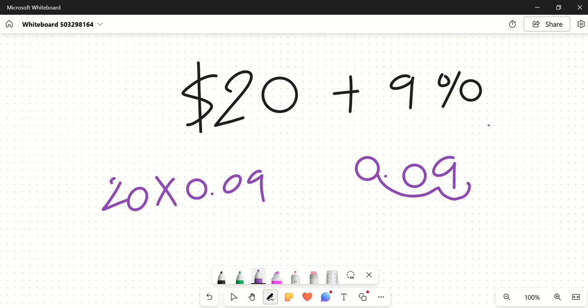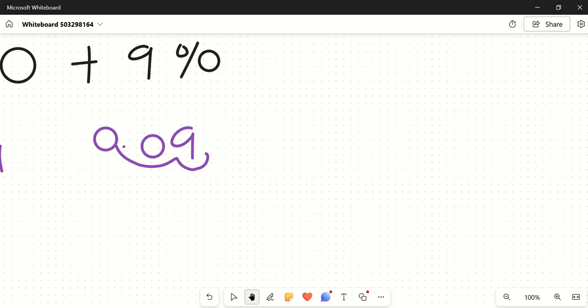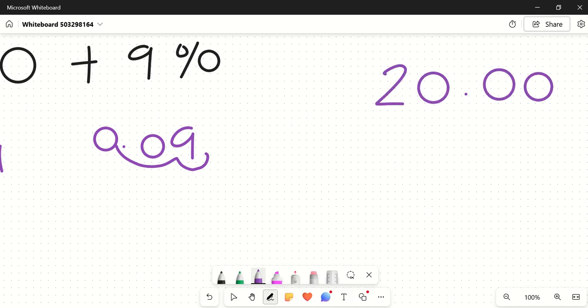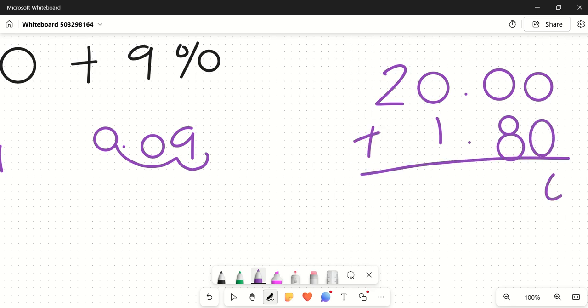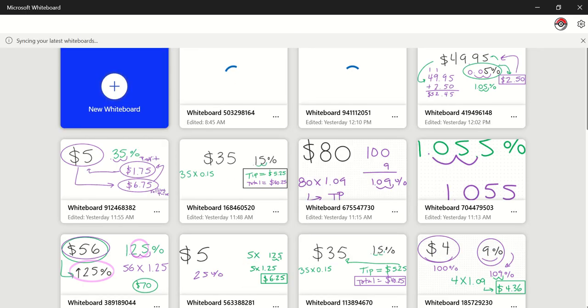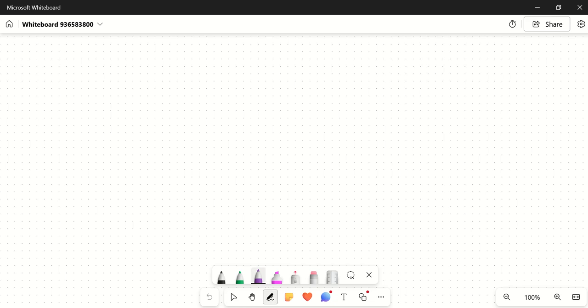So instead of it just being $20, we are paying the $20 for the item plus $1.80 for sales tax. So we are paying $21.80 total.